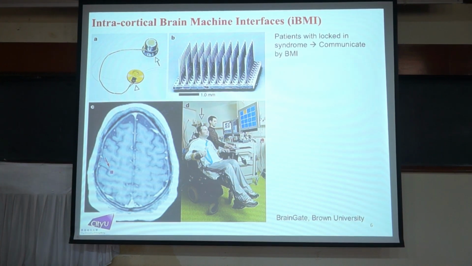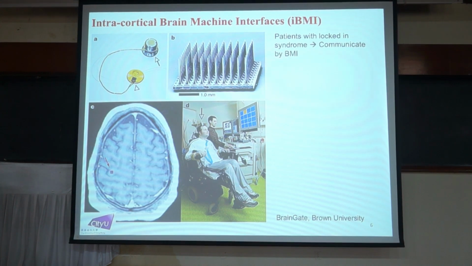Okay. So generally what happens in intracortical systems is you have probes like these which are put inside the patient's brain. For example, in this case, you have a patient who is paralyzed, who can't move their hands or legs. And using these probes and special custom electronics, we can actually record the person's brain data. And with some training, we can actually get a data set from which we can decode what the person is thinking.